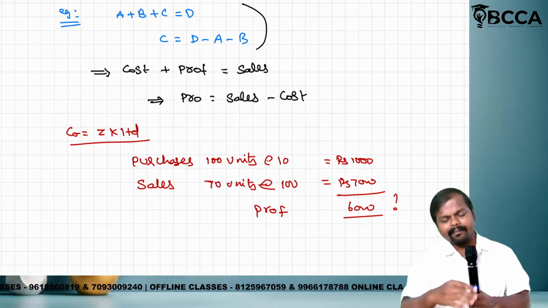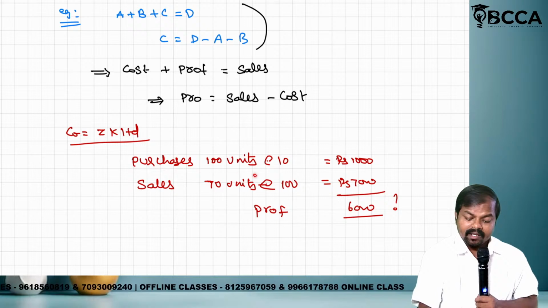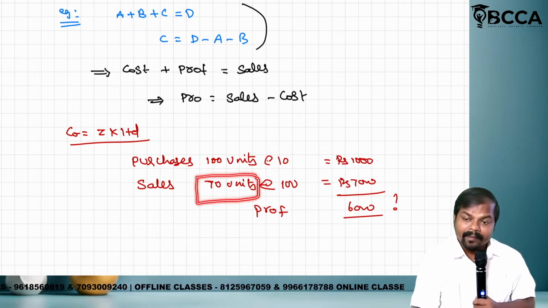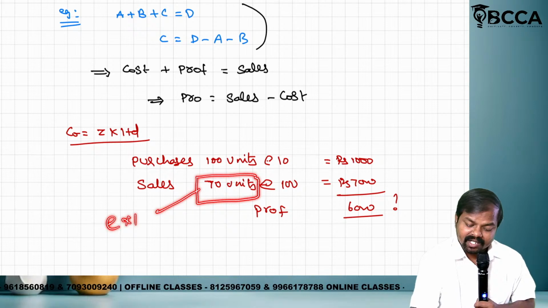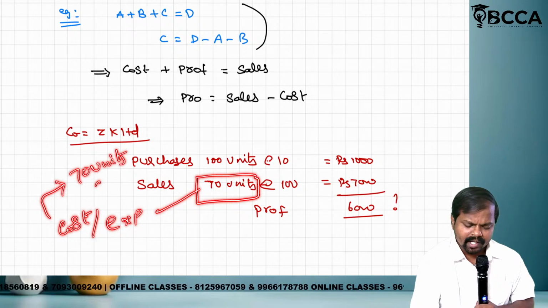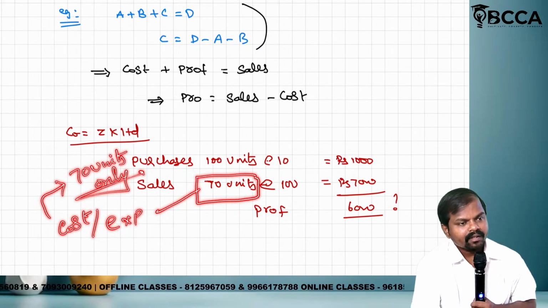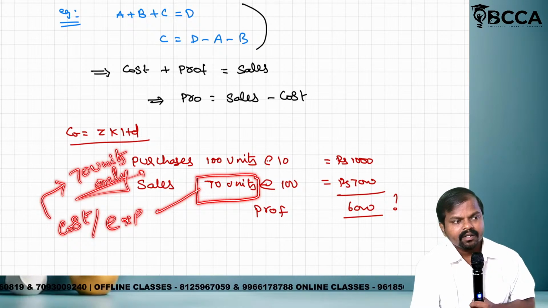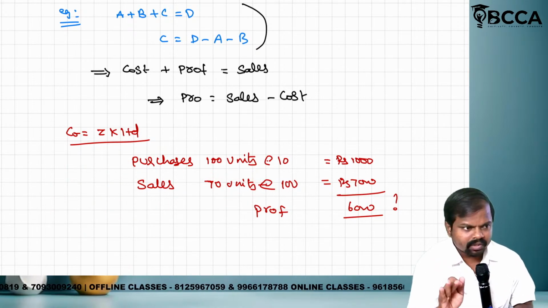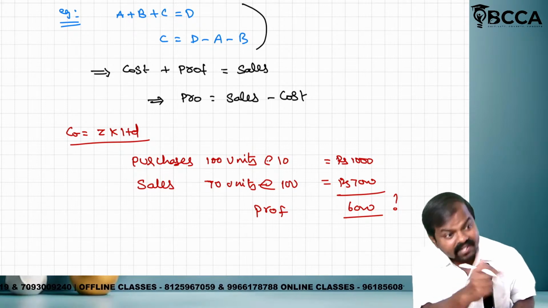You are showing revenue for 70 units, so expenditure or cost should also be disclosed for 70 units only.